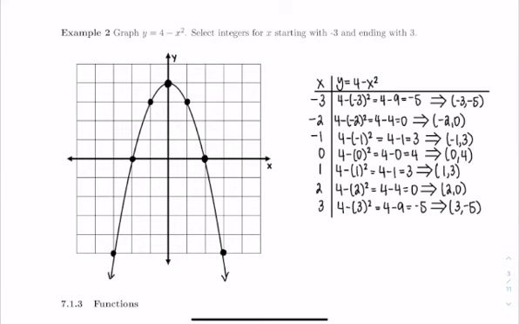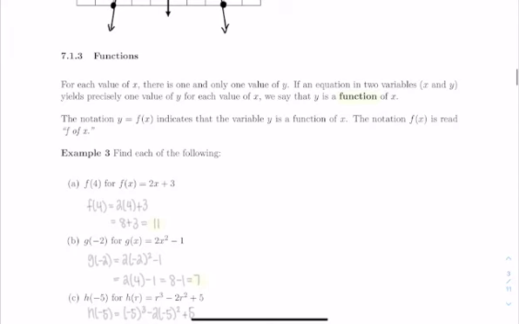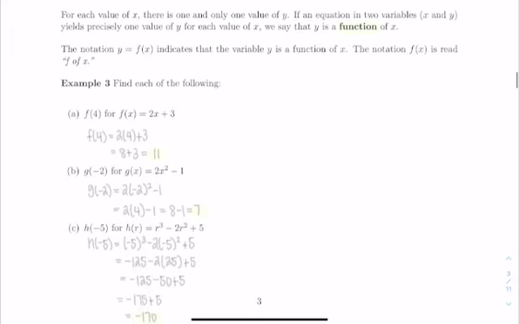For each value of x, there's one and only one value of y. If an equation in 2 variables, x and y, yields precisely one value of y for each value of x, we say that y is a function of x. The notation y equals f of x indicates that the variable y is a function of x.